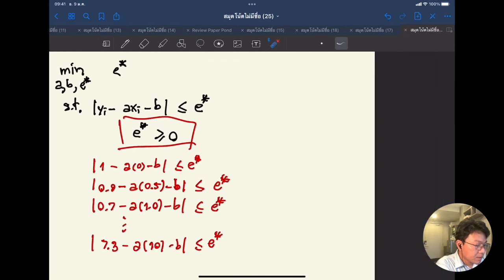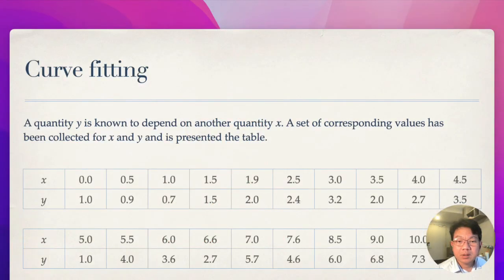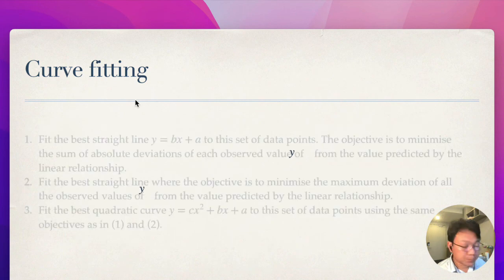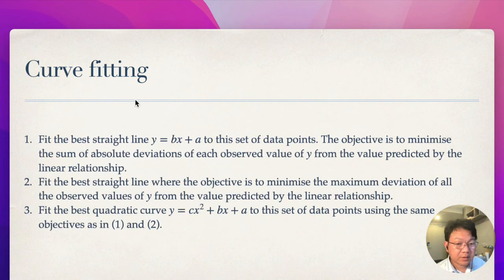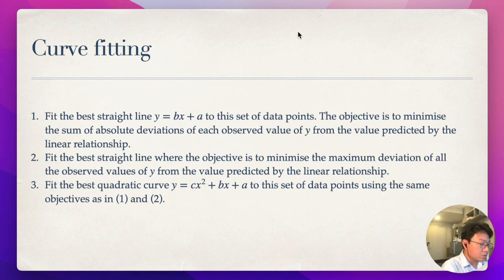What about the third problem? The third question is that we want to fit a quadratic curve to the same data set. In this case our hypothesis is y = cx² + bx + a.